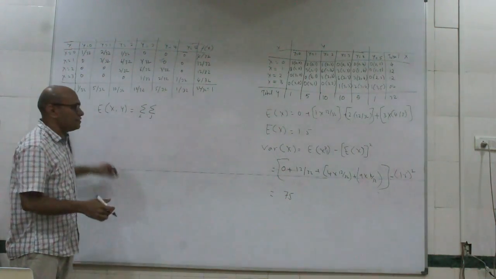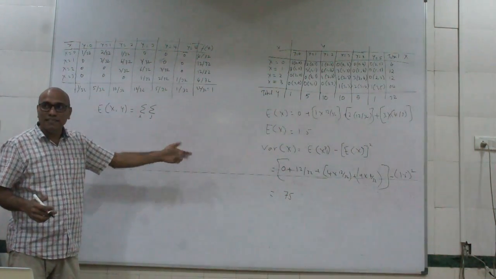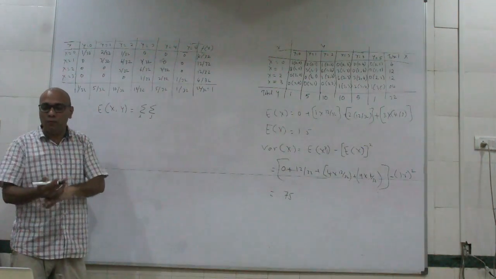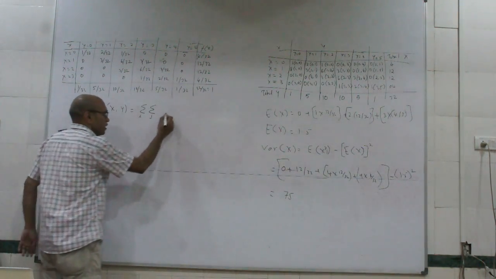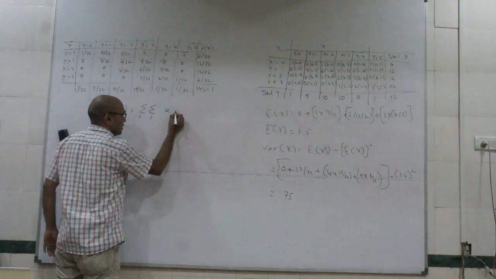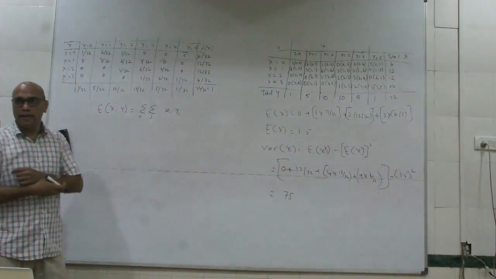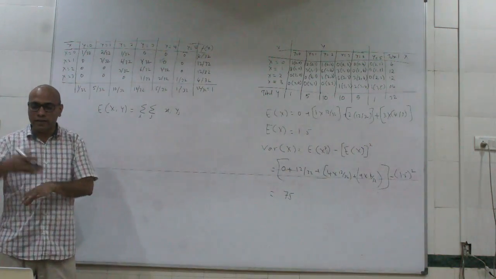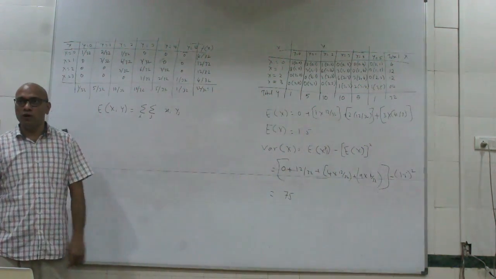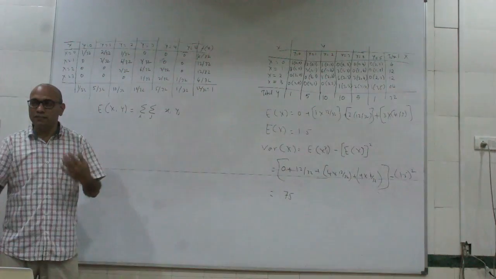Now my x is actually z. What is z? Z is x and y both, right? So xi into yj, right? Xi into yj. Now px. Px is what? Right? Pz. What is pz?